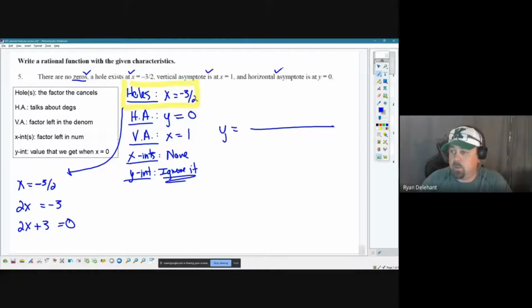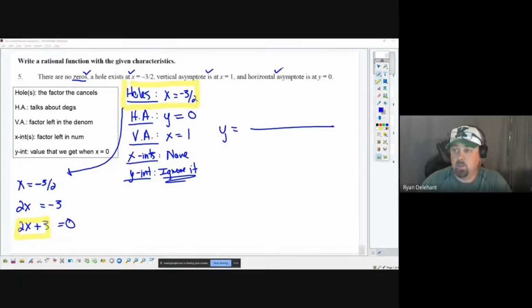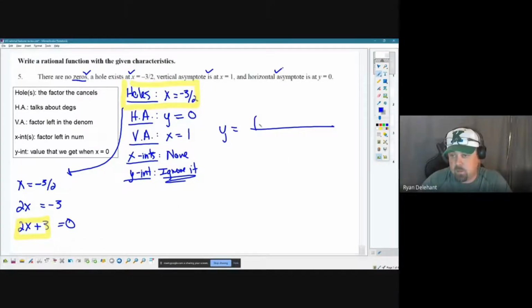And what happens here is this, once I set this equal to 0, this was the factor that canceled out of both the top and the bottom of my fraction. So I need to write that back in. So that means there was a 2x plus 3 up here in the top and the bottom. That's what's meant by the holes when we go back to write the equation. So that one's done.